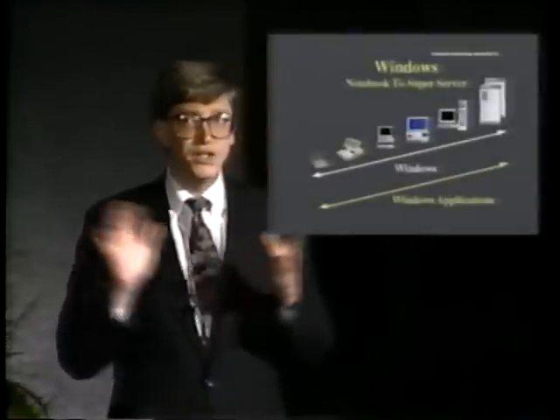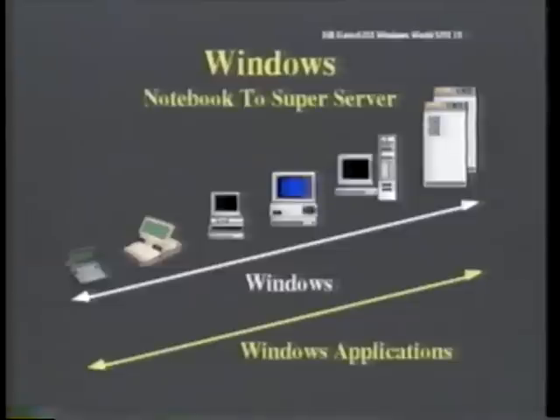And being able to leverage their development onto those machines just makes it that much easier to work in the Windows environment. Our strategy for Windows is a very comprehensive one. It's to take ranging from the low-end machine at the notebook up to the super server to cover all of those things. And all the Windows applications run across this entire family.